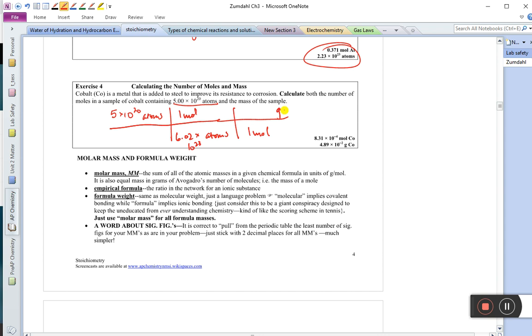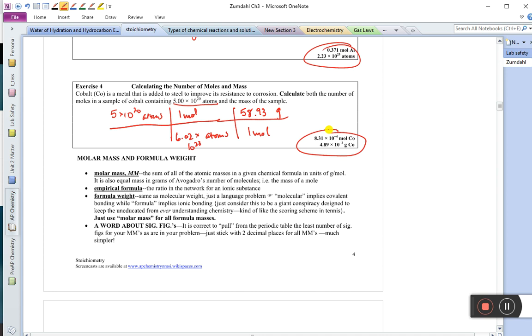And we know that grams in a mole comes from our periodic table. So for cobalt, that is 58.93. Atoms cancel, moles cancel. I'm left with grams. Again, you should be able to put it in your calculator. Make sure you get those things.